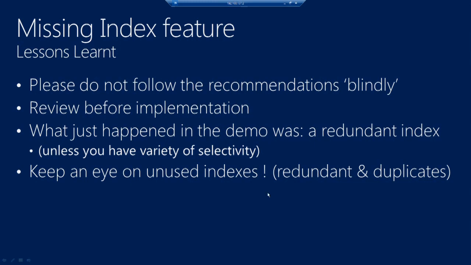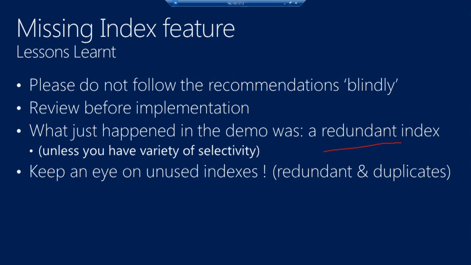What really happened here was you landed up creating a redundant index. So think about it. If having one index per query is bad, having two indexes to satisfy one workload is even worse, because that's going to have a detrimental effect on the performance of your update and modification queries.